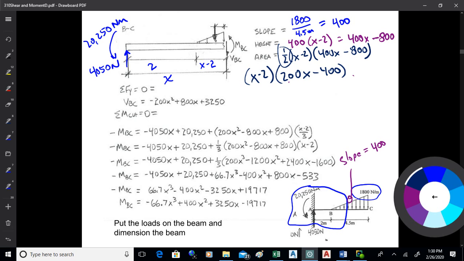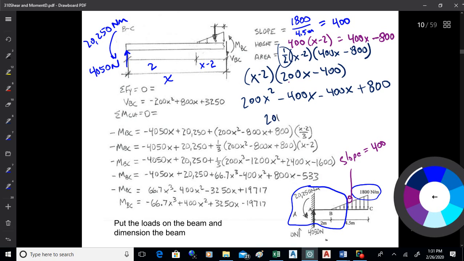Then I do the FOIL method, they used to call that. So that'd be 200x squared minus 400x. I'm just multiplying the x through, and then I'll multiply the -2 through. So I'll get negative 400x, and then minus 2 times negative 400, which ought to be plus 800.